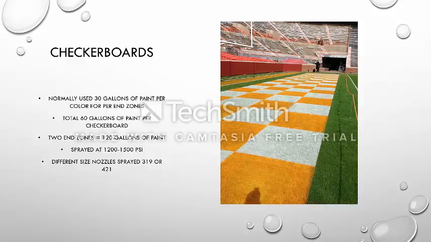That's not counting the numbers or the lines or the T or the SEC or the border. That is just 120 gallons of paint just for the end zones alone. I learned to spray them at 1200 to 1500 psi, and I would use different size nozzles depending on which one I felt put out the best product.